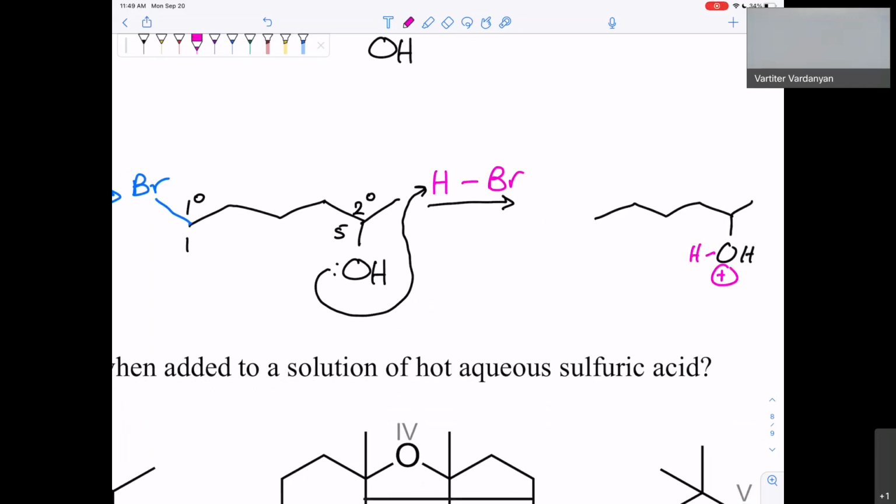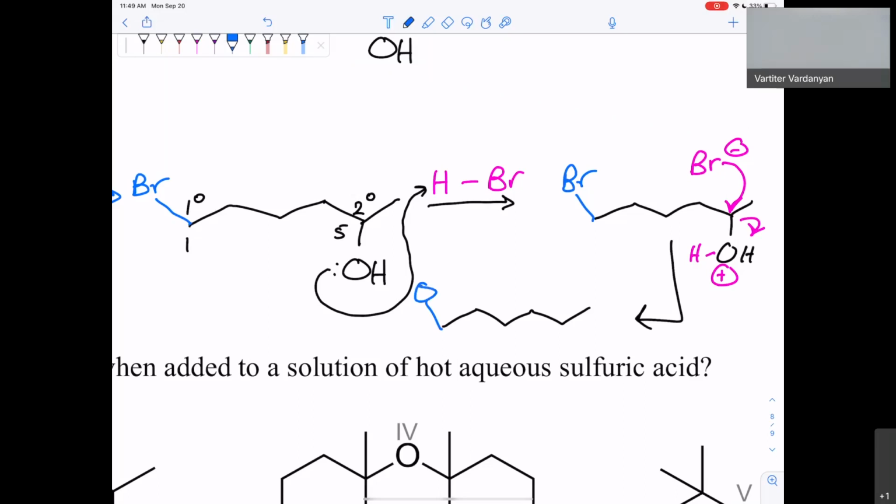Plus, and what's going to do the attacking? Br minus, exactly. So Br comes in, attacks, and takes off the leaving group. So we get this lovely new chain. We still have this bromine, and now we added an extra bromine.